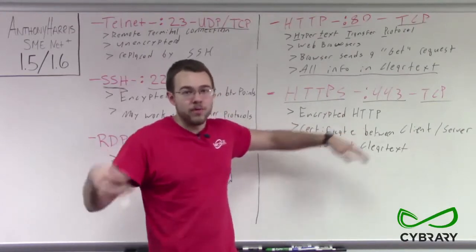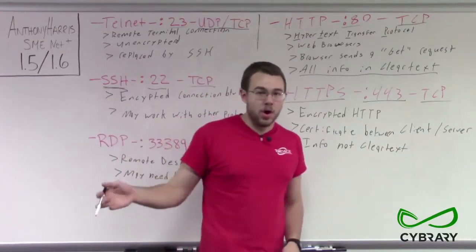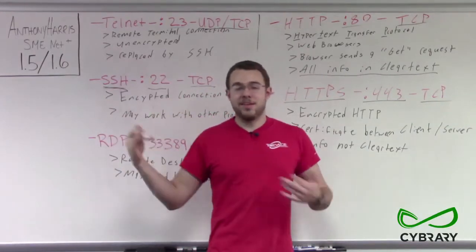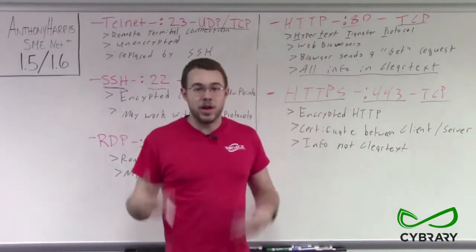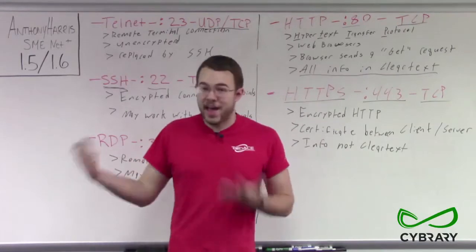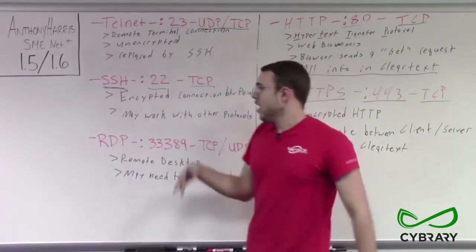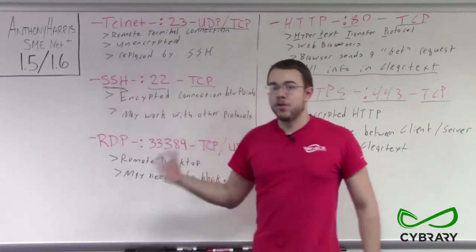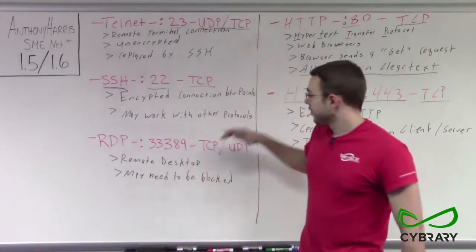SSL also works over a secured version of LDAP, Lightweight Directory Access Protocol, which allows us to make directory changes, and it runs over SSL to encrypt that. So just like SSL runs under HTTPS, we can have SSH running under a file transfer protocol in order to keep it secure as well.